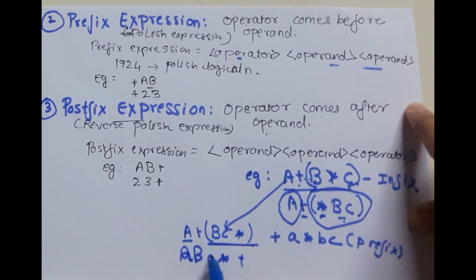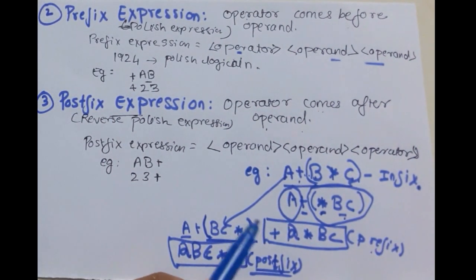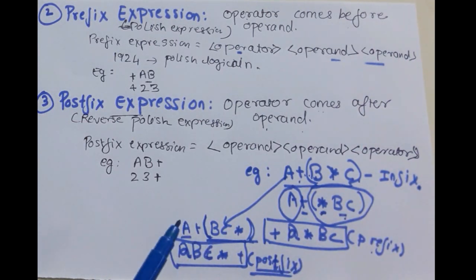So this is a postfix expression. Okay. And in postfix expression there is no need of parenthesis. So here we have removed parenthesis also. Okay. So this is generally how infix expressions are converted into prefix and postfix expression.